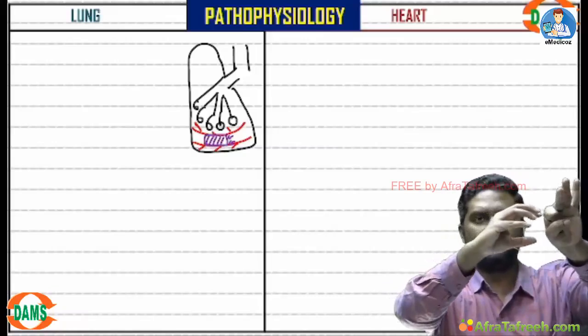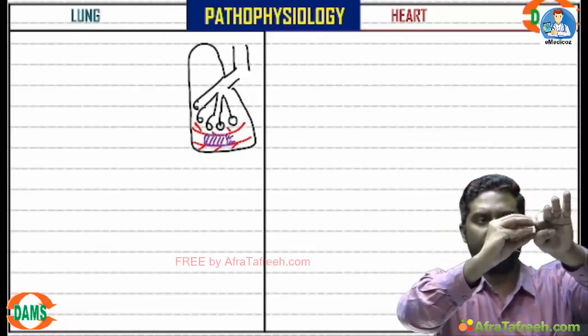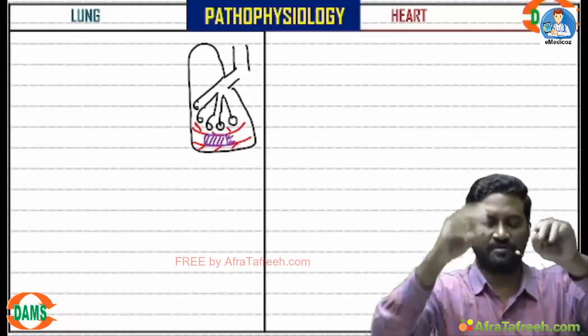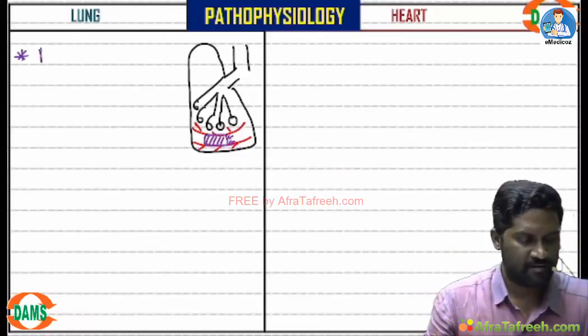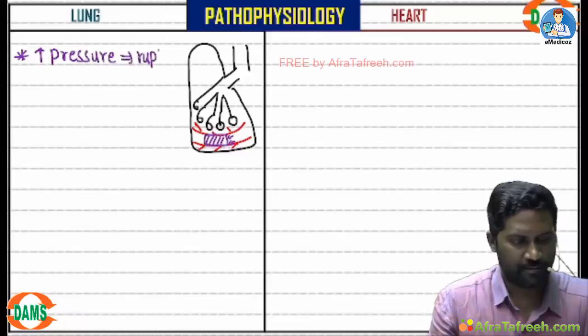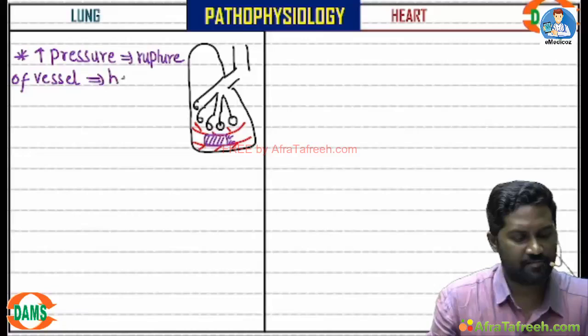Now whenever this blood vessel is obstructed, just before the obstruction the pressure in the vessel can increase, and that can result in rupture of the vessel. Whenever a blood vessel is ruptured, there can be development of hemoptysis.